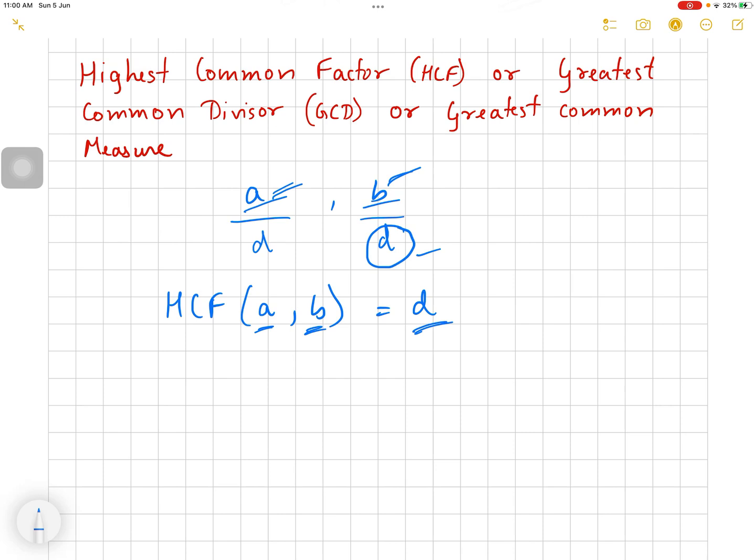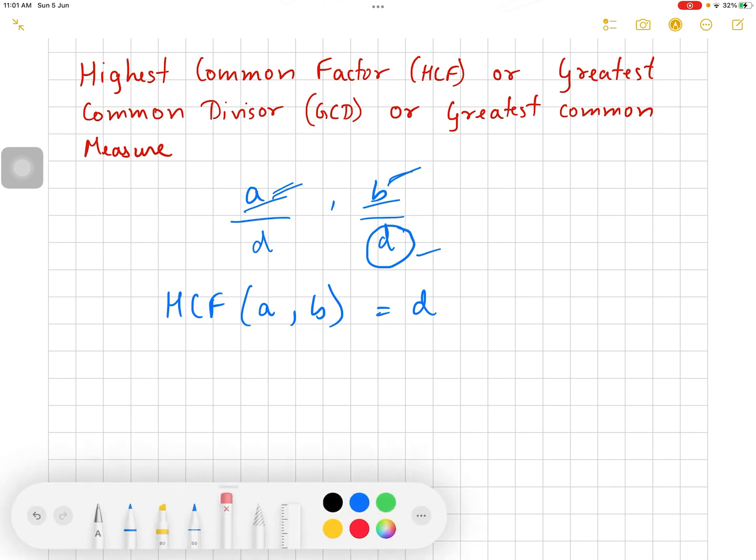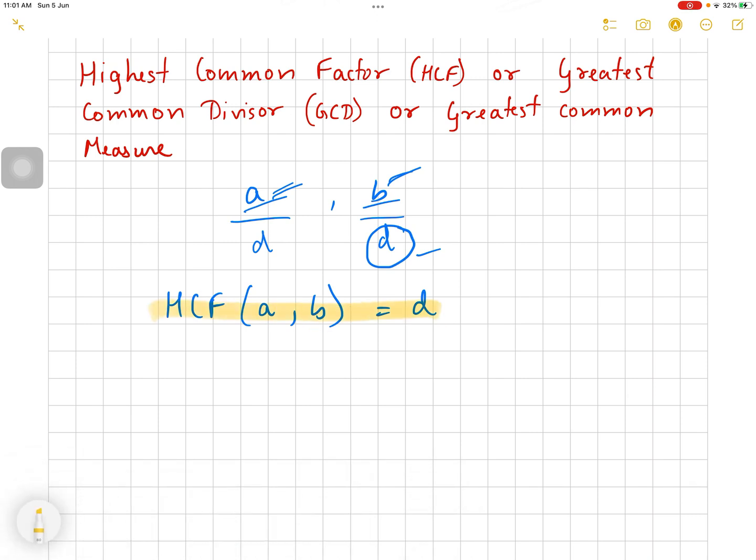So suppose HCF of A and B is equal to D, which I have written here.